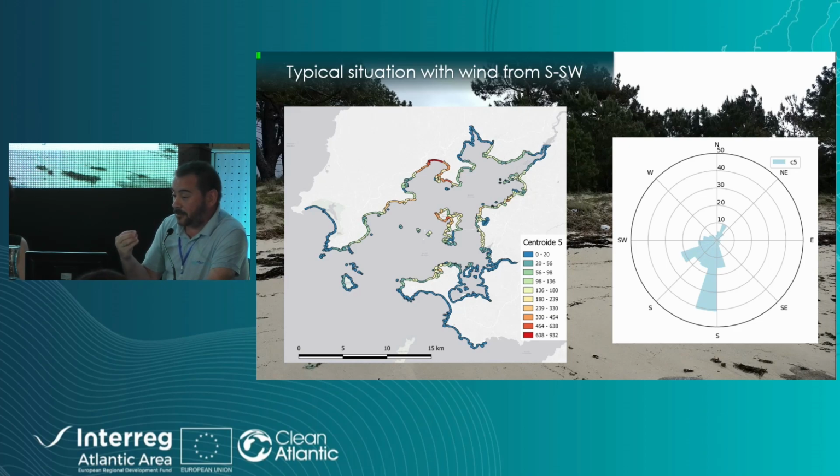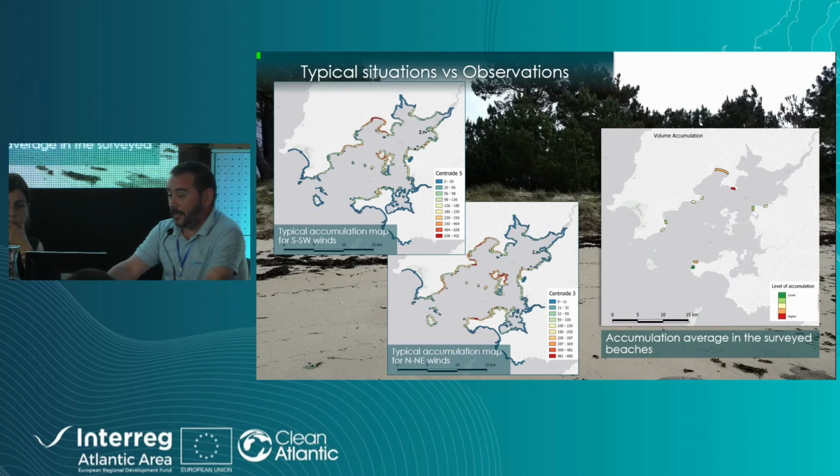And here we can see that, especially in accumulation areas, we have this in the isthmus of the island, the southern part of the island, and also in the bay of Ribeira and A Pobra do Caramiñal, in the northern part of the image or of this area.